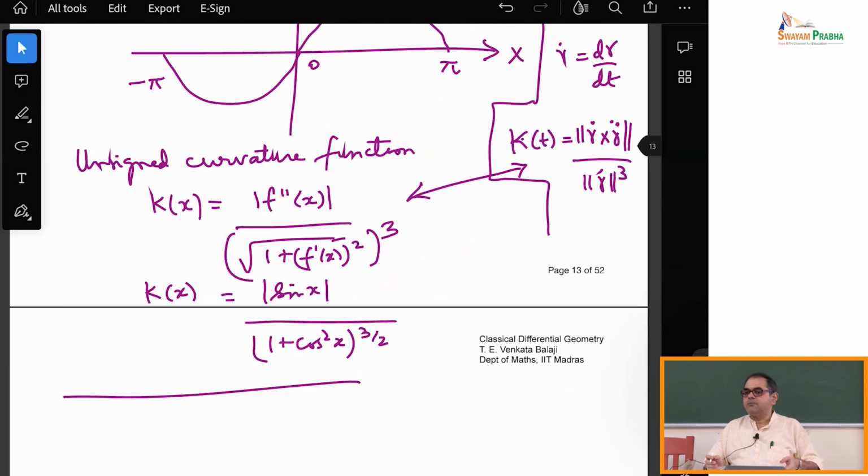For people who have missed the mod, I have cut half a mark, because I have specifically mentioned that it is unsigned curvature. The reason is that if you don't put the mod and just keep it as sin x, a likely confusion will come.